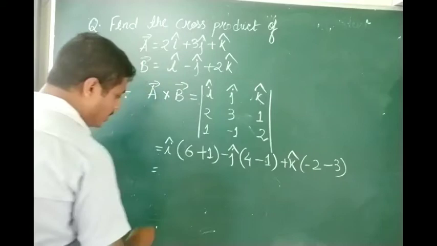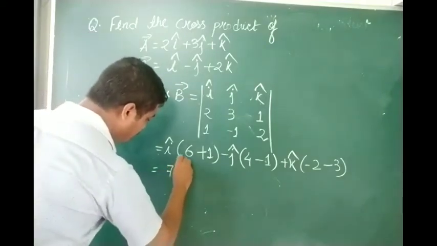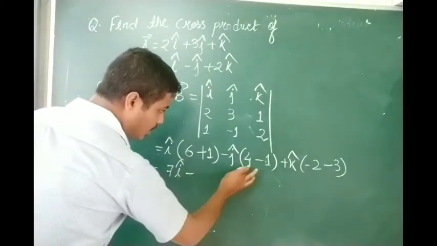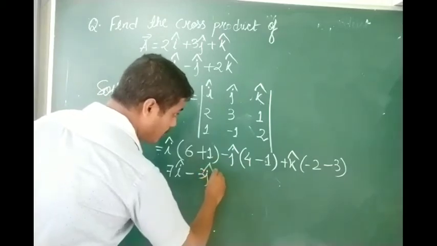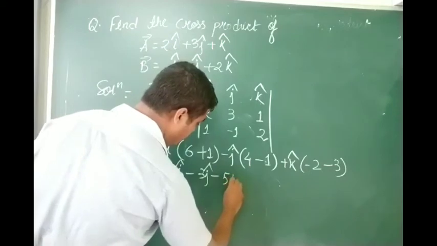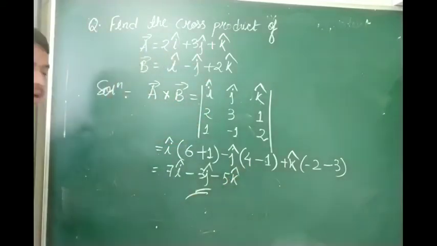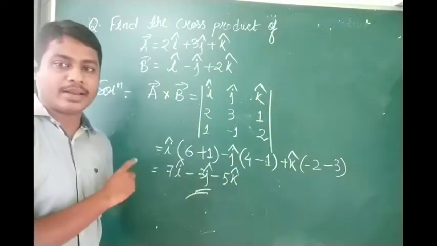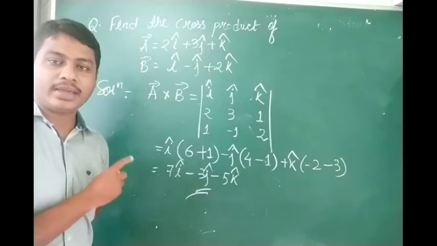So it will be 7i cap minus 3j cap plus, not plus, minus 2 minus 3, it will be minus 5k cap. So this is your answer, 7i cap minus 3j cap minus 5k cap.